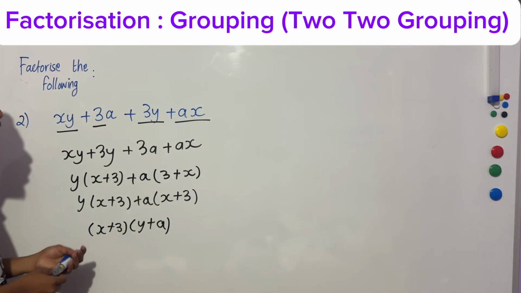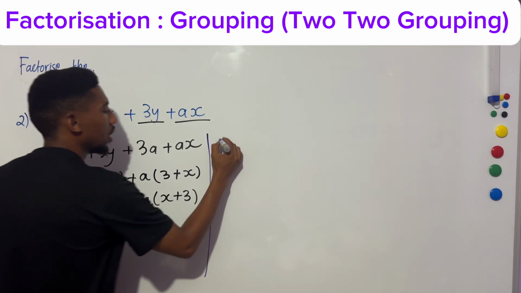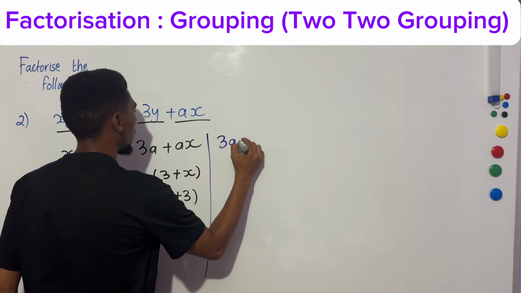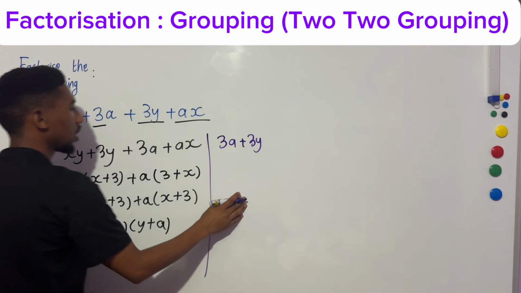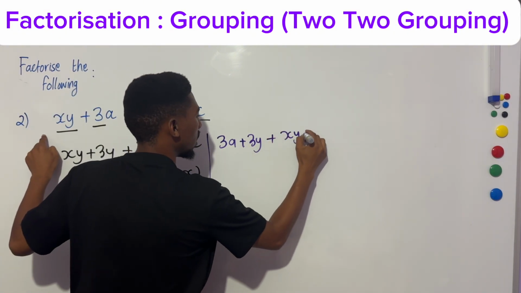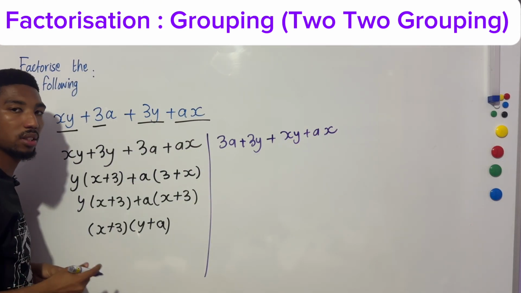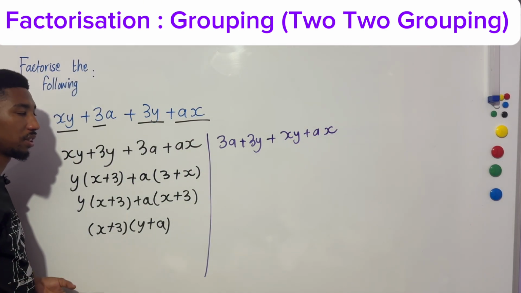What if you took an alternative route? What if you decided to group the 3a plus the 3y and the xy plus the ax? In this case, you've grouped differently now.